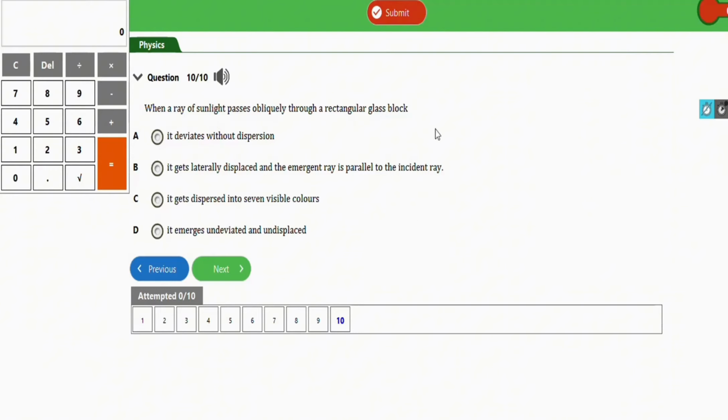Guys, the correct option in this question is option B, which is it gets laterally displaced and the emergent ray is parallel to the incident ray. That's it for this video. We attempted several repeated questions in glass prisms under refraction of light for your JAMB Physics.